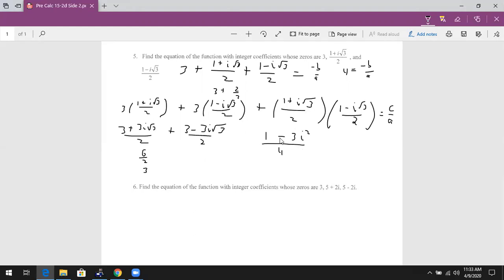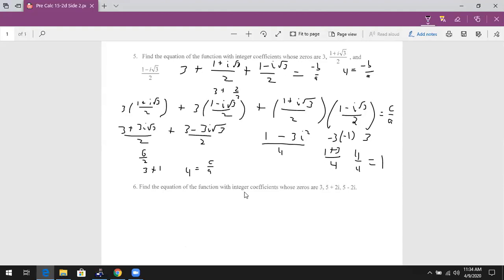But i squared is a negative 1, so I get negative 3 times a negative 1, which is a positive 3. So this becomes 1 plus 3 over 4, or 4 over 4, which is 1. So I have the 3 from here plus 1 from here gives me 4 is c over a.